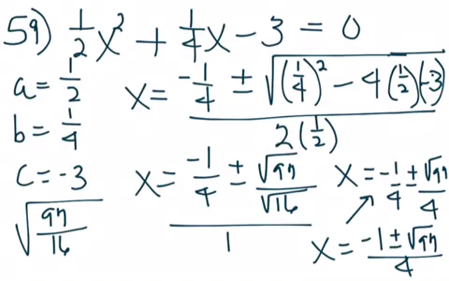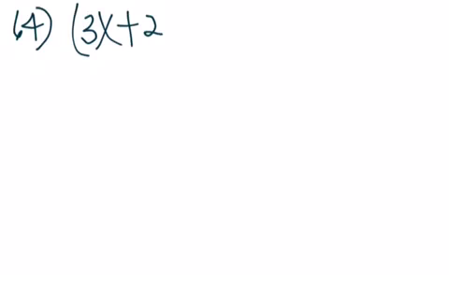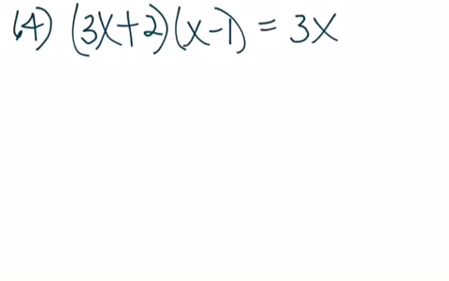Okay, let's look at number 64. 64 has 3x plus 2 times x minus 1 equals 3x. Before we can do this, it is in no shape, form, or fashion ready for us to factor.